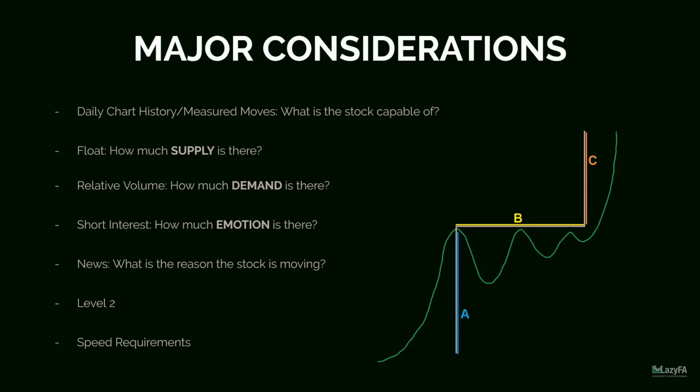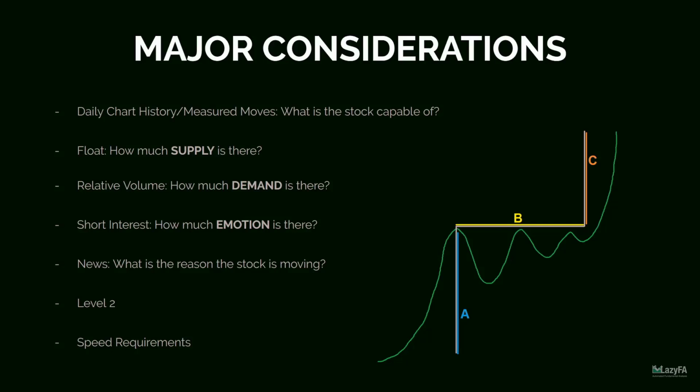So what are some of the things that we want to consider when we're deciding whether or not to take on a parabolic trade? Number one is looking back at the daily chart history in this concept of measured moves. If you look at the chart on the right, you'll see, and of course this is doodled in Microsoft Paint, right?